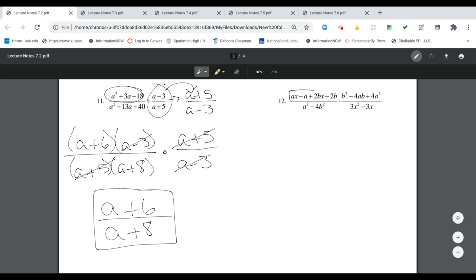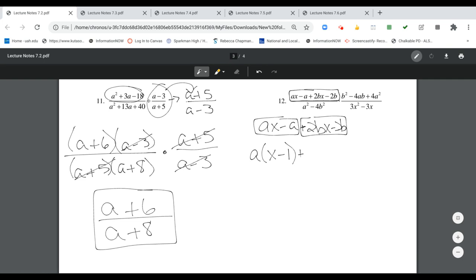All right. In this problem, we have 4 terms, so we are going to factor by grouping. So I'm going to group the first two together, ax minus a. And then I will group the second two together, positive 2bx minus 2b. So when I take out the a, that leaves me with x minus 1.